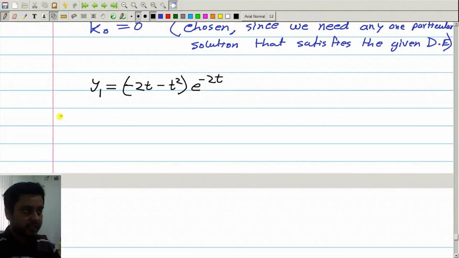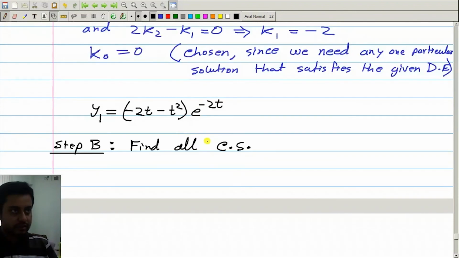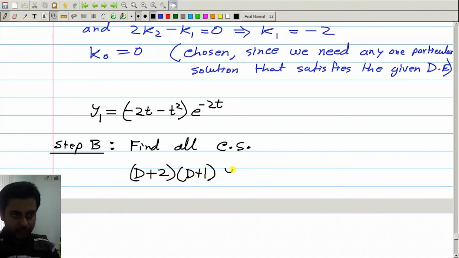Now in step 2, we have to find all complementary solutions, and the given differential equation is D plus 2, D plus 1 acting on y is equal to x.